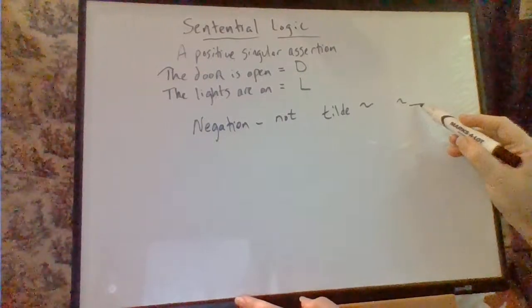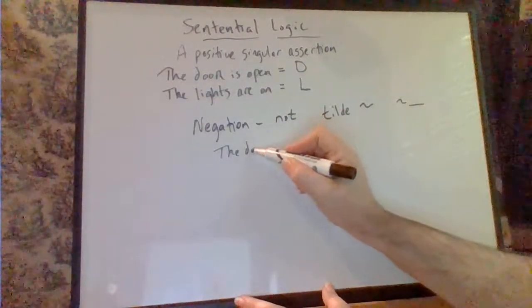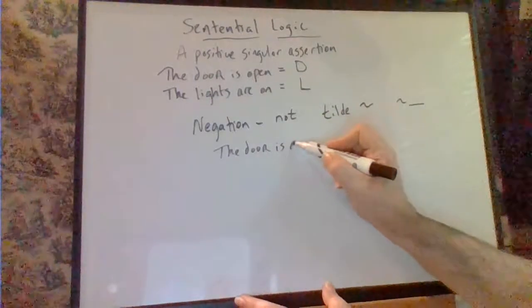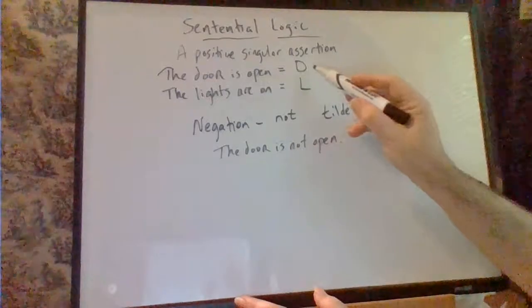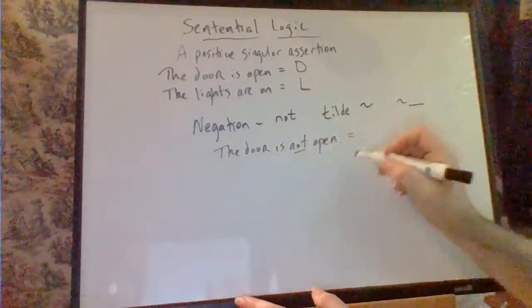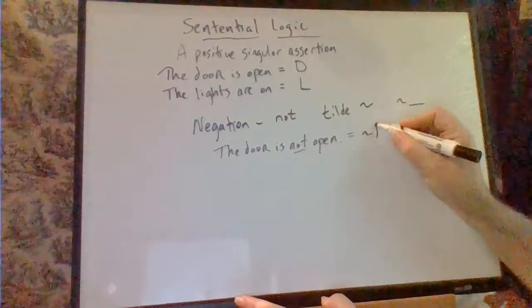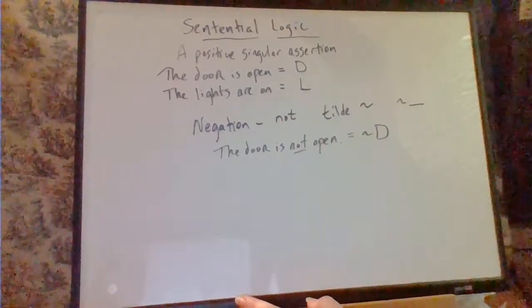So, if I wanted to say the door is not open, okay, we've seen the door is open is the D, but here we're denying it, so I'd put a tilde in front of it. It would become tilde D. The door is not open.